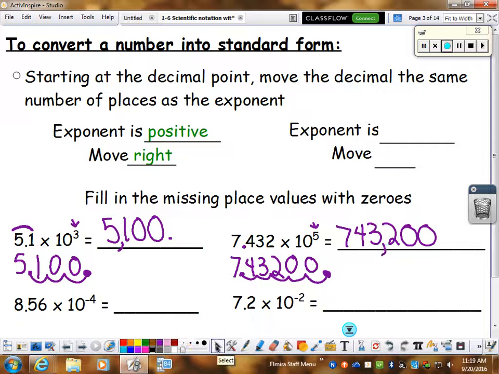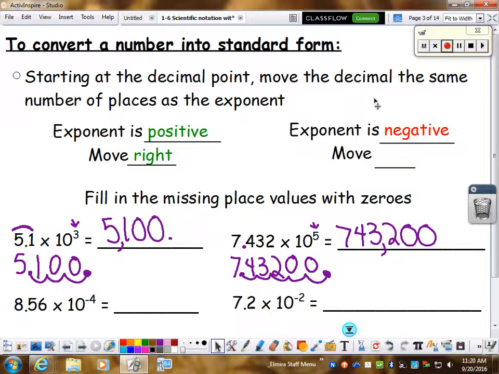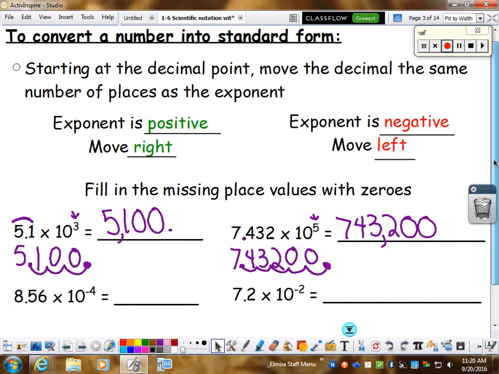If the exponent is negative, that means you're making a very small number. You're making a decimal with lots of zeros out in front. And if you're going to do that, you need to move the decimal to the left. So that's going to be our bottom 2 problems on here.